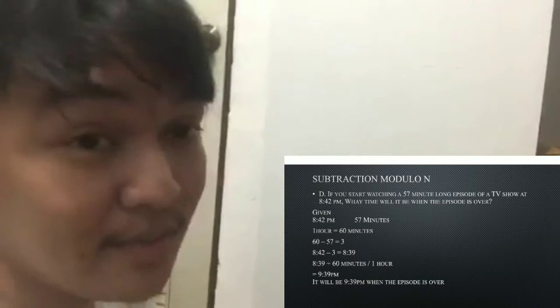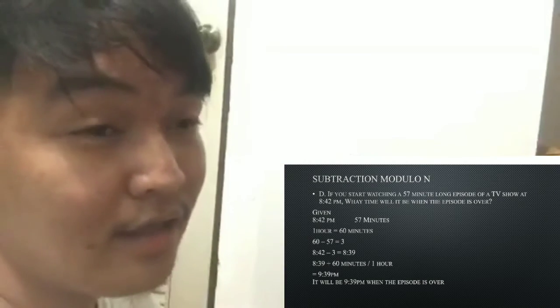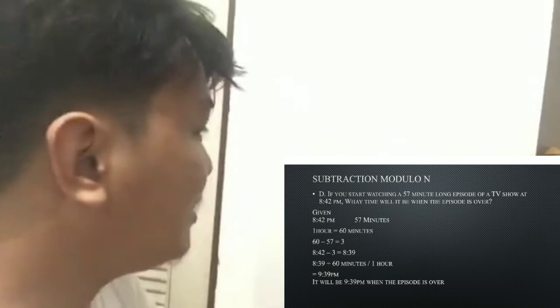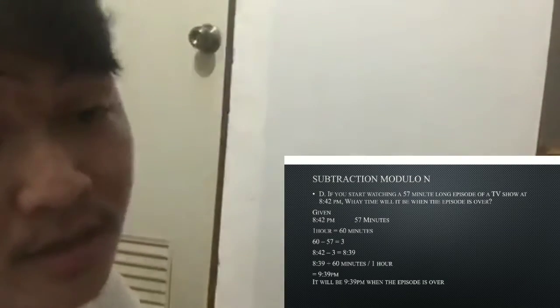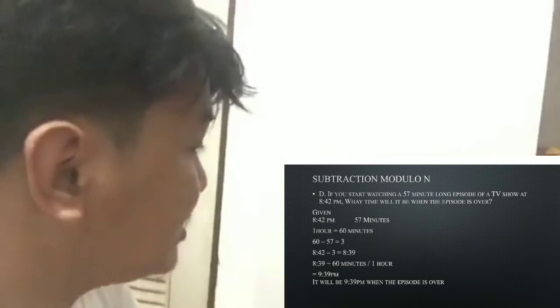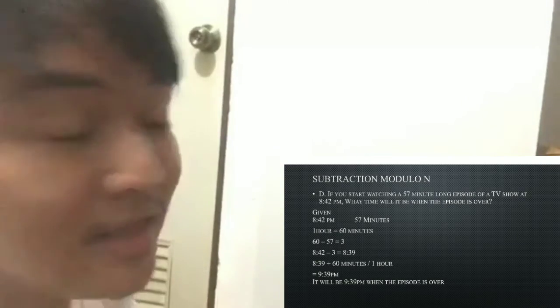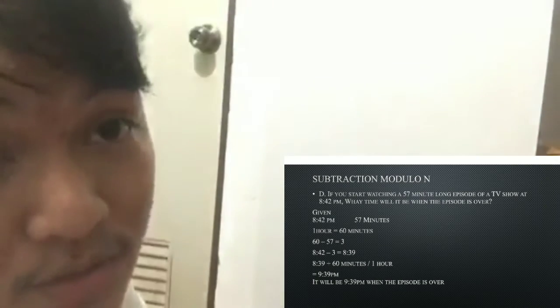So 60 minus 57 is equal to 3. Then 8:42 minus 3 is equal to 8:39. Then 8:39 plus 60 minutes, or 1 hour, is equal to 9:39, and that will be the answer. It will be 9:39 p.m. when the episode is over.